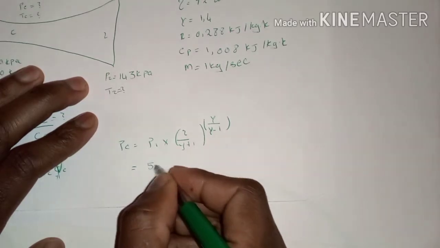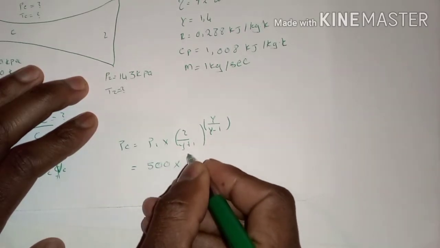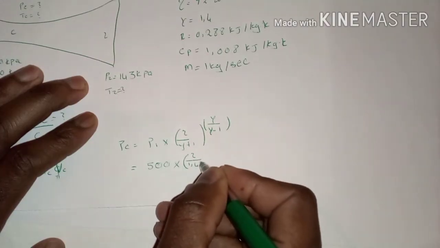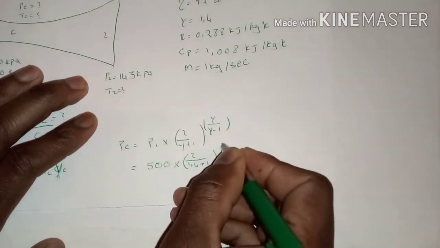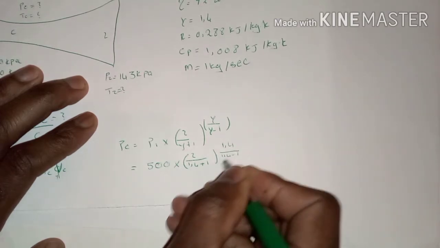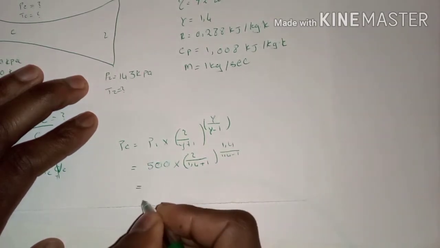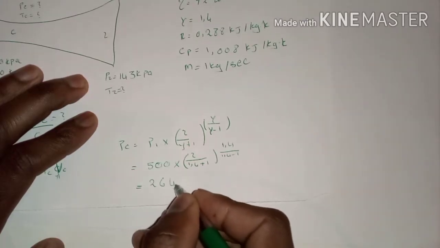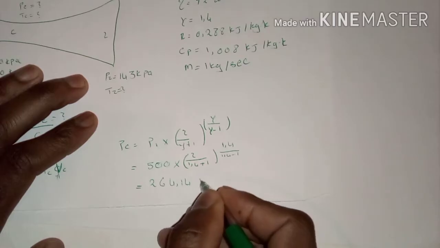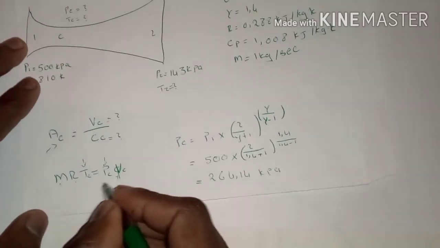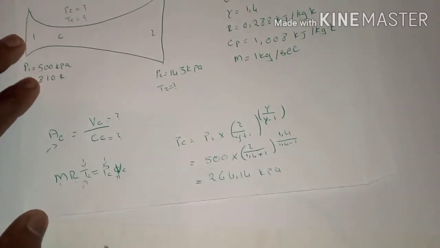It's 500 kilopascal. 2 over gamma, 1.4 plus 1, raised to 1.4 divided by 1.4 minus 1, and then here we are going to get our answer as 264.14 kilopascal.